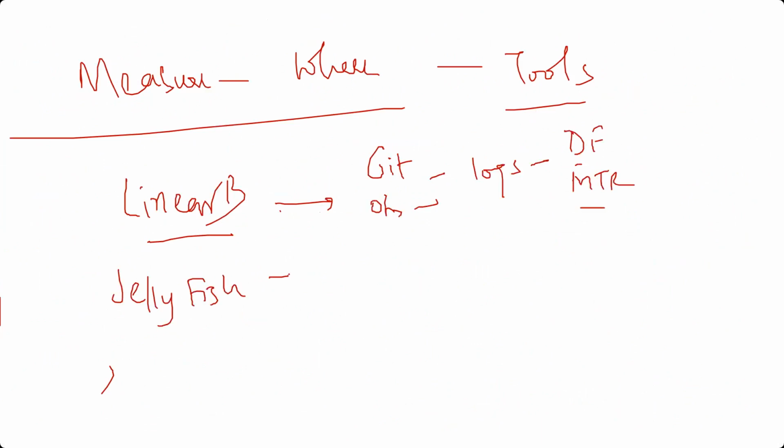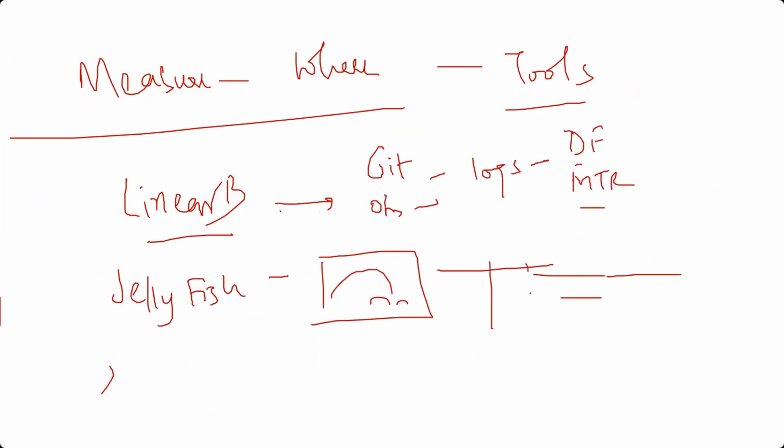Jellyfish will also give you some dashboards like pie charts. It will tell you where you are wasting time. Are you wasting time in deployment? Are you wasting time in development? It will actually tell you what you do in general.